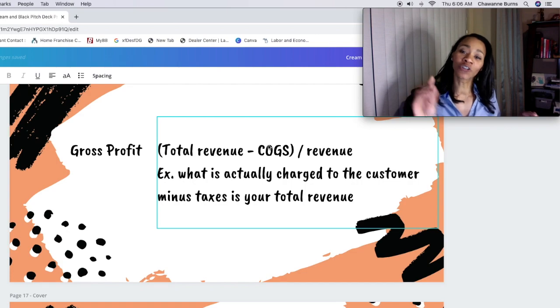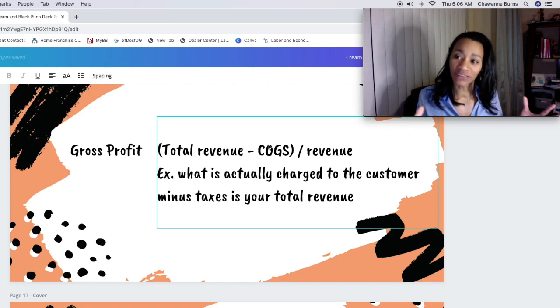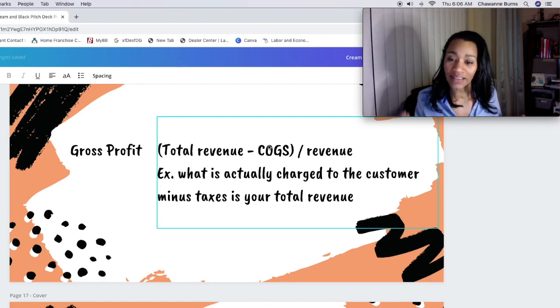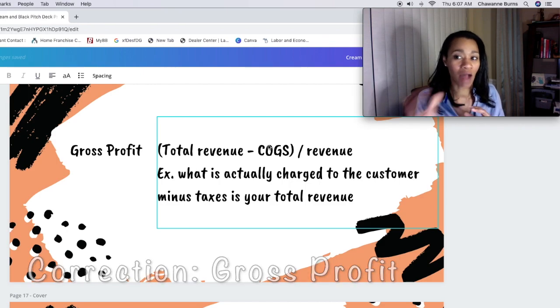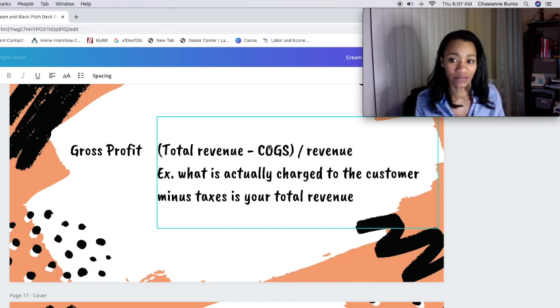Gross profit is the total revenue, how much did we earn, minus the cost of goods sold, divided by the revenue. Example, what is actually charged to the customer minus the taxes is your total revenue. How much do you collect from Sally? I use Sally because Sally is an easy name to remember.